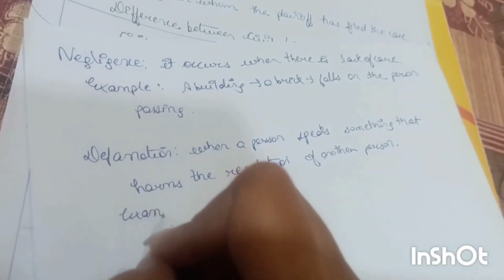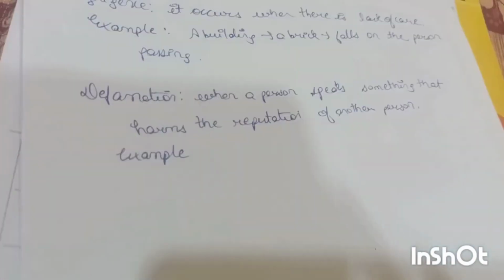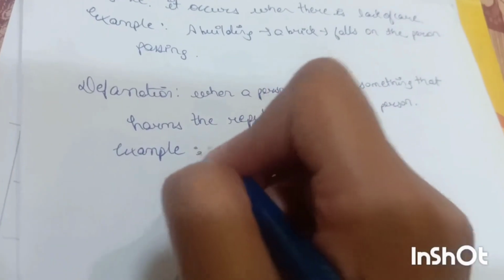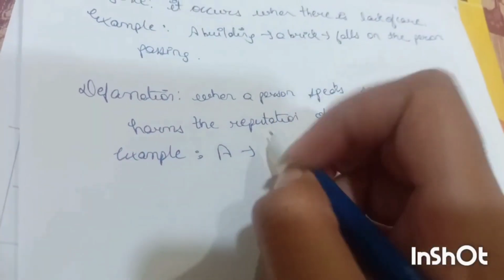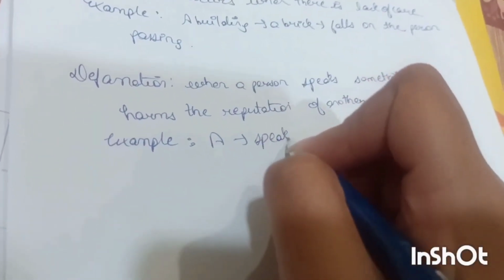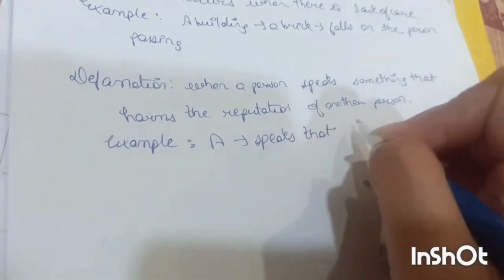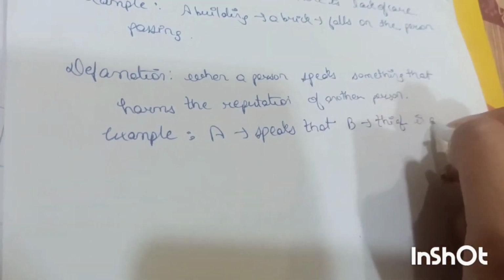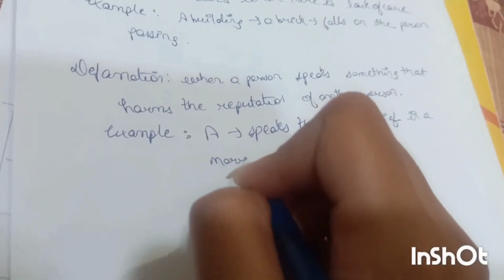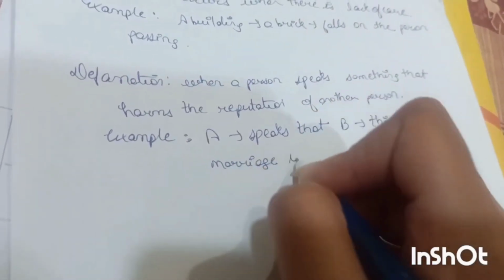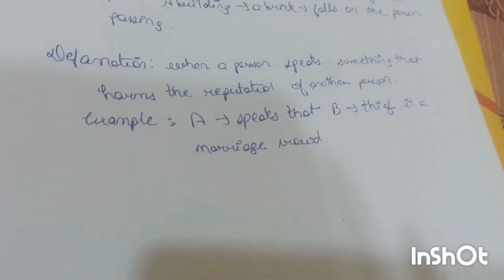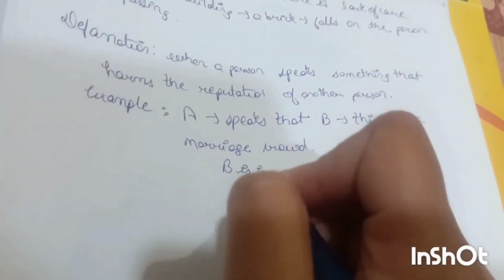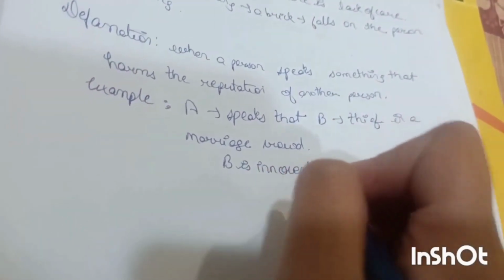Example: person A says that person B is a thief in a marriage crowd, and the fact is that B is innocent. So that is a case of defamation.